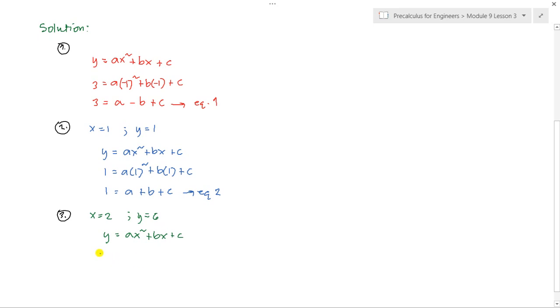Then we have y is equals to 6. So 6 is equals to a times 2 squared plus b times 2 plus c. So 6 is equals to 4a plus 2b plus c. So this is our equation 3.